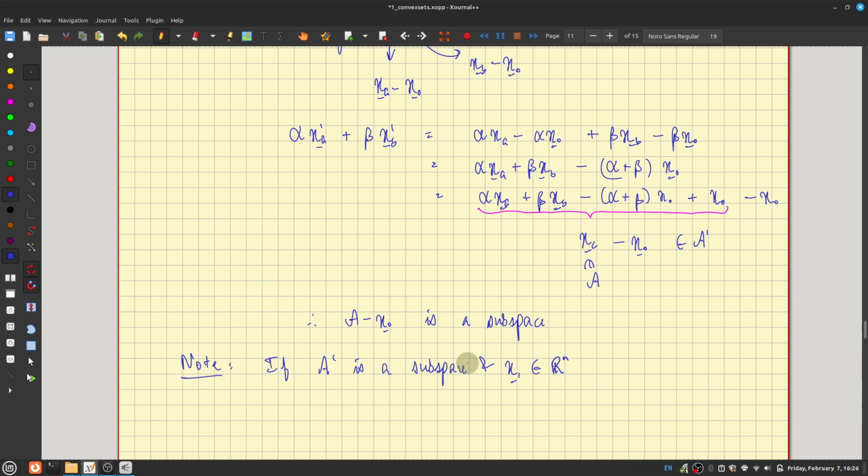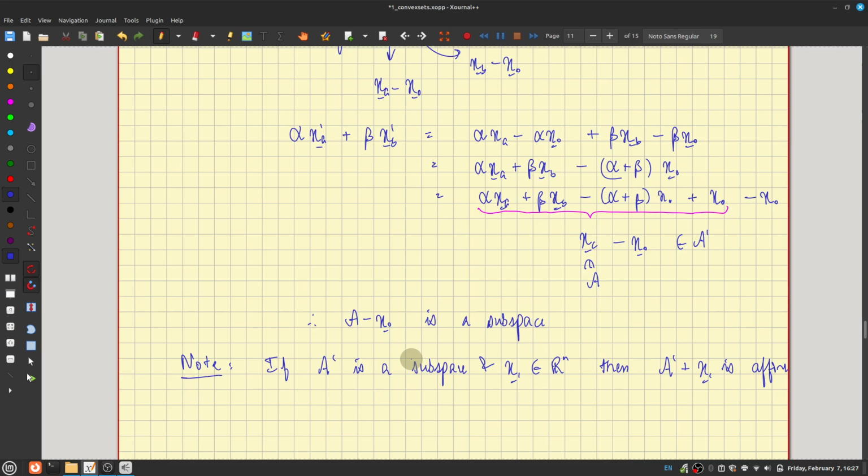I'm assuming that's a subspace of Rn, but you can generalize it to a subspace of any arbitrary vector space. Then A prime plus x1 is going to be affine. A subspace is anyway affine, that is true. But this x1 need not come from this subspace.